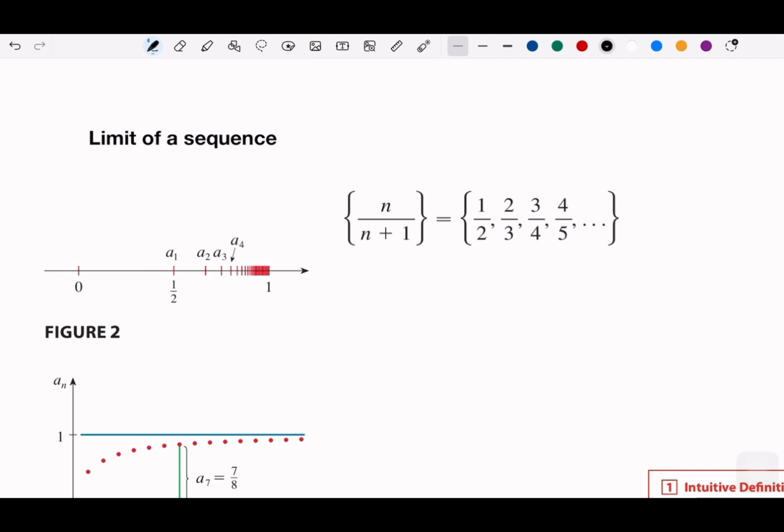So first, imagine that we have a line: 0, half, 1, and this denotes the terms of the sequence. Half starts from here, and see how we can move. The second term, 2/3, is around here.